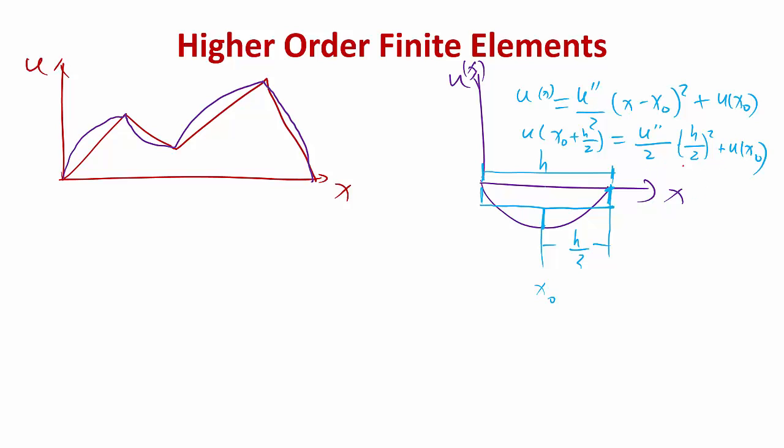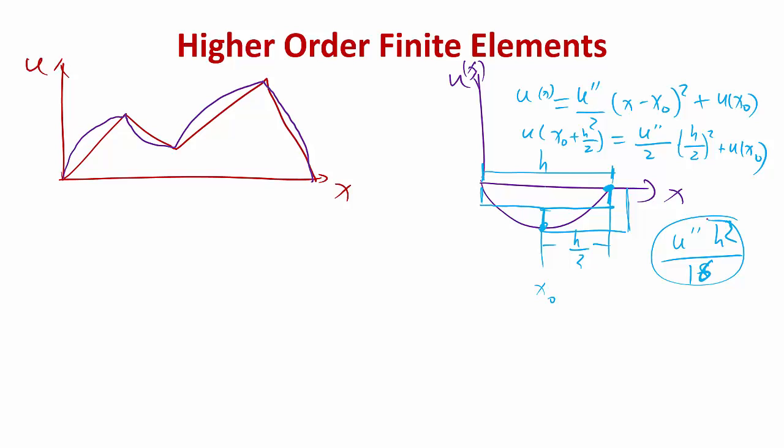So I have a distance of u double prime h squared over 8 between this point and this point, and the maximum error is half of that height, which gives me u double prime h squared over 16.